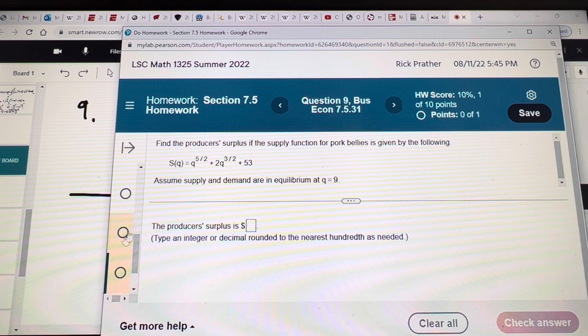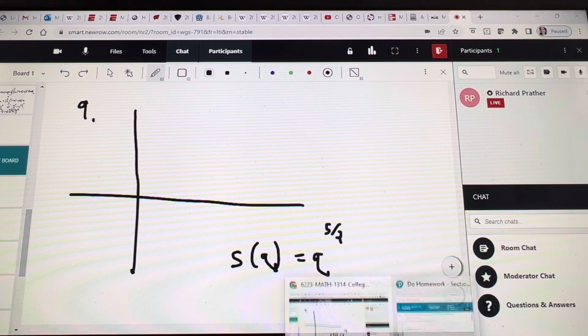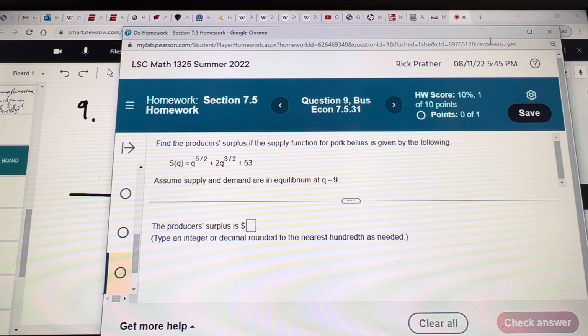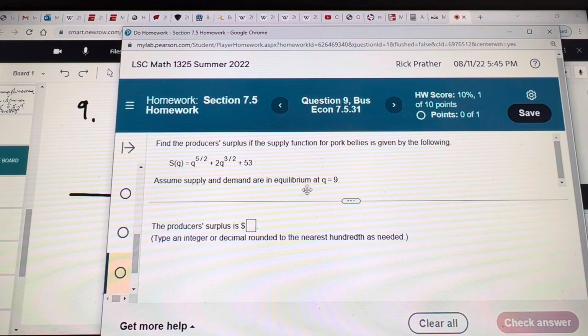So we get a supply curve, supply and demand from business. S of Q equals Q to the 5 halves plus 2Q to the 3 halves plus 53.